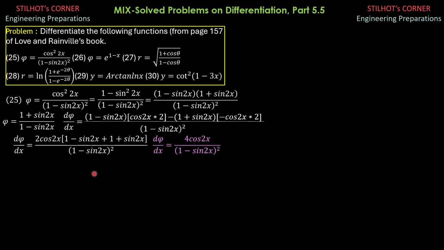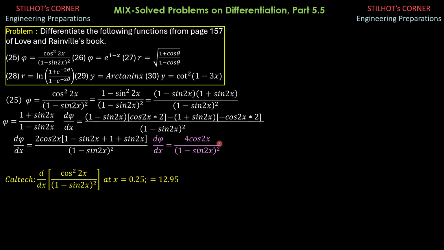Then 26, chi is e to the 1 minus x. So imagine u is 1 minus x. By the way, this is the calculator technique: using the calculator on the original function, the derivative at x equals 0.25 is 12.95.